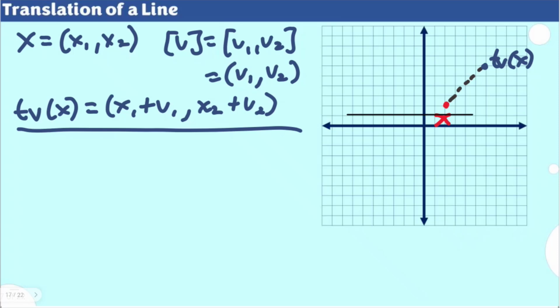That would mean if we pick another point here and translate it using the same vector, it would also translate in this manner, and the translated points of every point in this line will also form a certain line. This would be the translated line of your given line here.